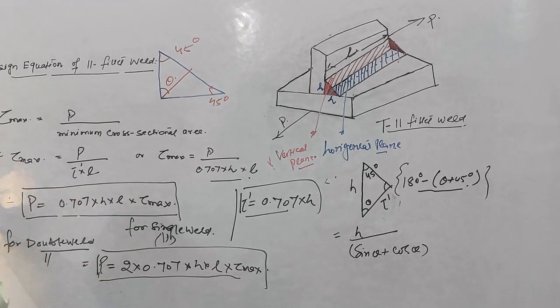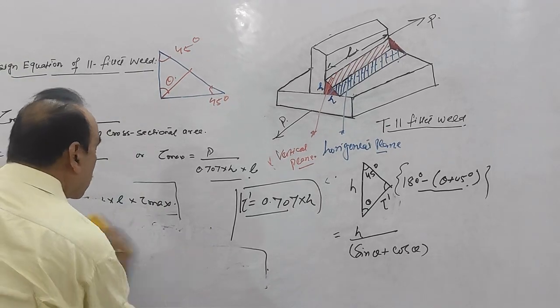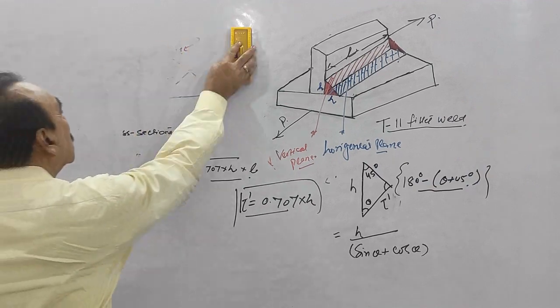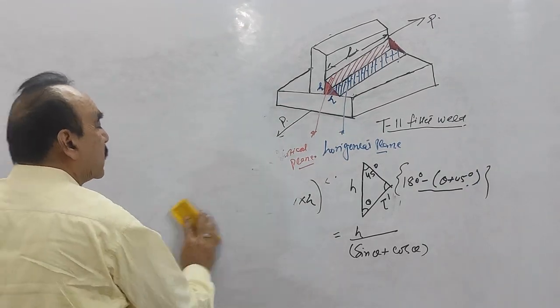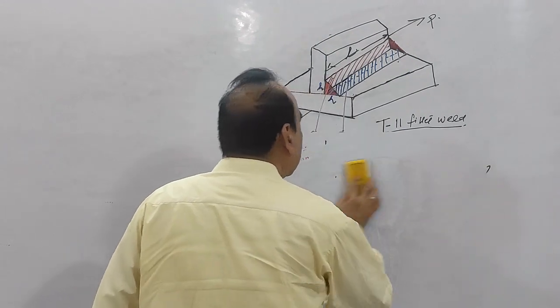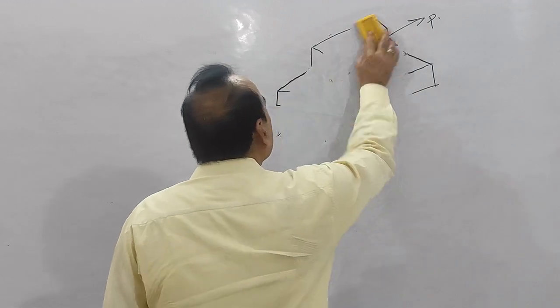So now the next one is unsymmetrical parallel double fillet weld. This is also a very important concept.